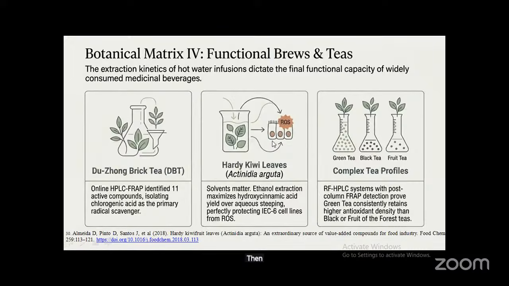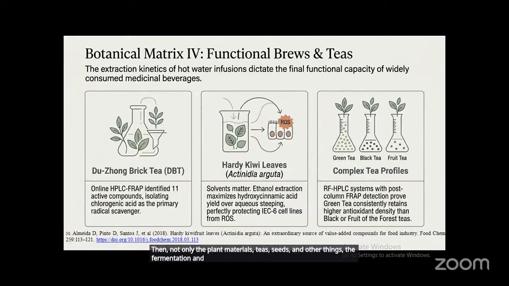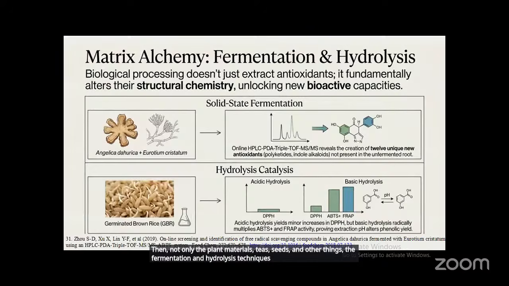Then, not only plant materials, teas, seeds and other things, the fermentation and hydrolysis techniques also provide excellent antioxidants, as proved by the literature. By using fermentation, one example I would like to quote here is solid state fermentation of Angelica dahurica with Eurotium cristatum fungus.